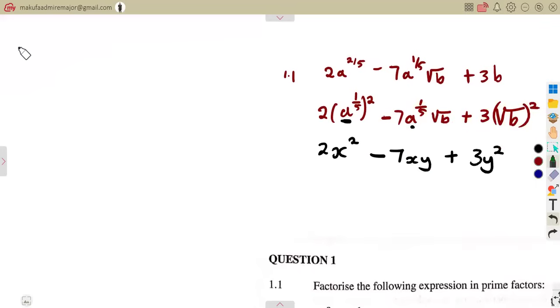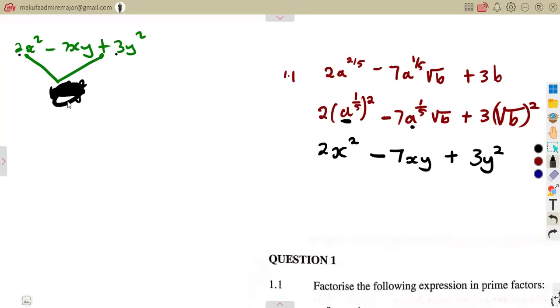If it is the one that you are used to, that is 2x squared minus 7xy plus 3y squared. Remember, most of you multiply the first term to the last term. So if we multiply the first term to the last term, we obtain 2 times 3, which is 6x squared y squared. So we need 2 terms.